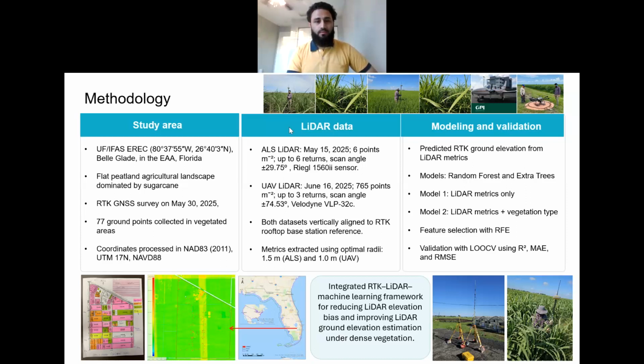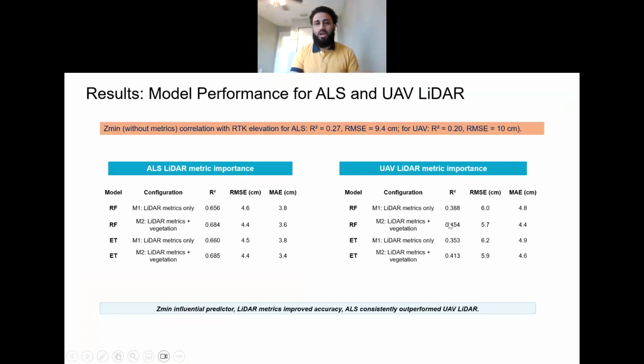Within those RTK points, we took a certain buffer area and calculated some metrics from the LiDAR data: the Z minimum, the Z maximum, P gap, and many other metrics. Then we used those metrics in this machine learning model, and we had the true elevation from the RTK.